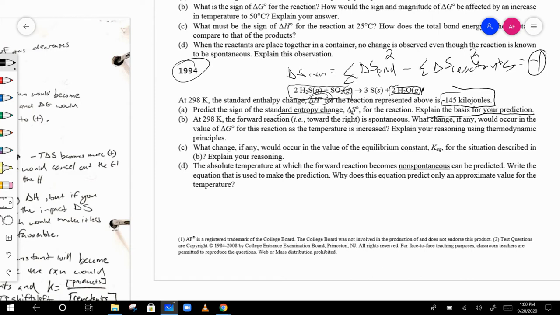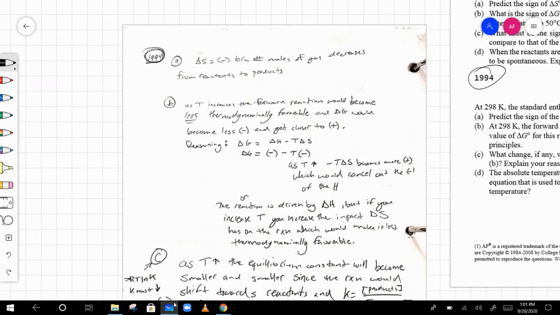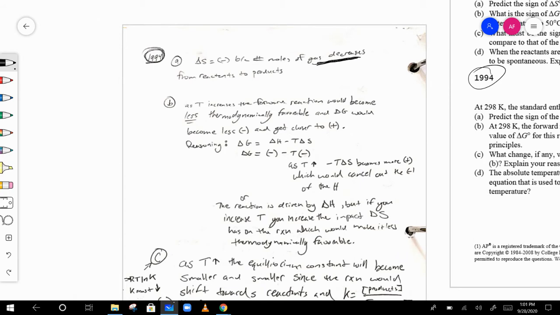So the entropy is negative. It's not equal to negative 1, it's just going to be negative. There's less disorder as you go from left to right. So the overall entropy is negative, and that's what I said here. Since the number of moles of gas decreases from reactants to products, it's going to be negative.